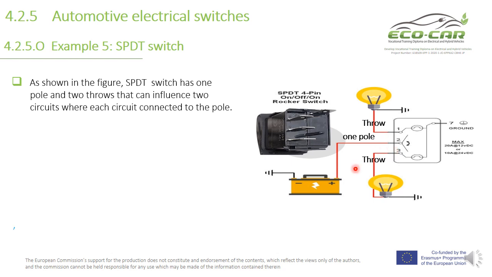So this switch, by using the positive terminal of the voltage to the pole, when this one is closed, this circuit will go on, but when this one is closed, the other circuit will go on. So we have here two circuits. This is a circuit and this is here a circuit. So this switch controls two load lamps, this one and this one, and sometimes it's called in vehicles high-low beam.